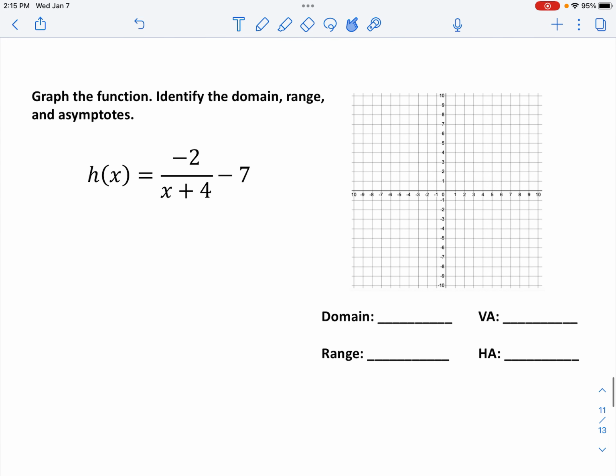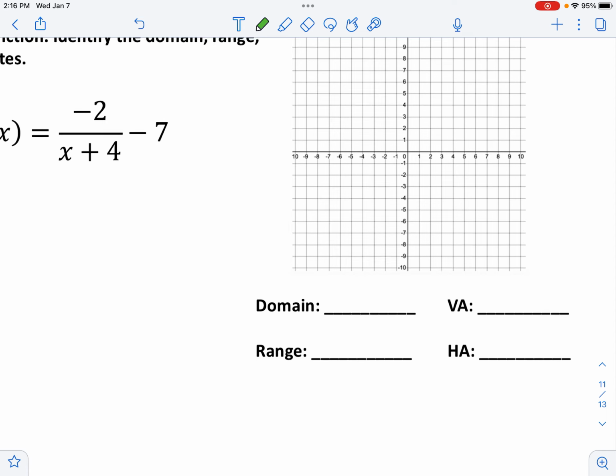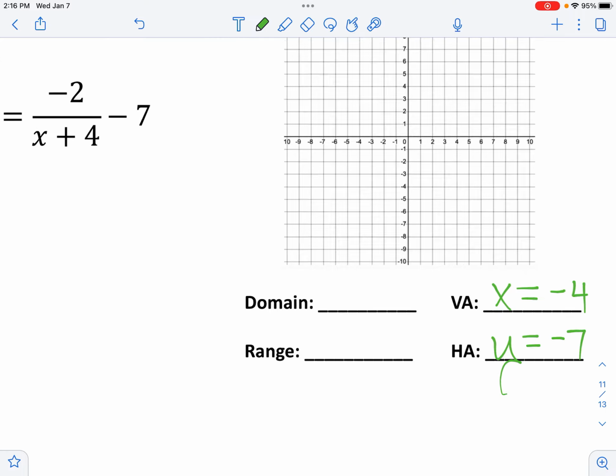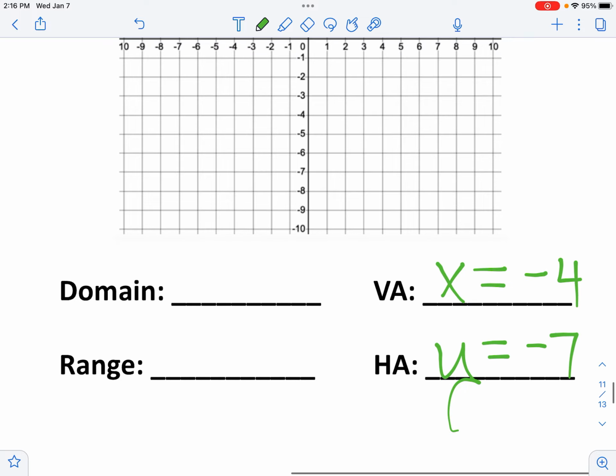This one has a stretch. That's the only thing that's really different here, there's a stretch of 2. And it's also been reflected across the x-axis. So I'm going to start with my vertical asymptote of x equals -4, and horizontal asymptote y equals -7. We can do your domain and range right away.